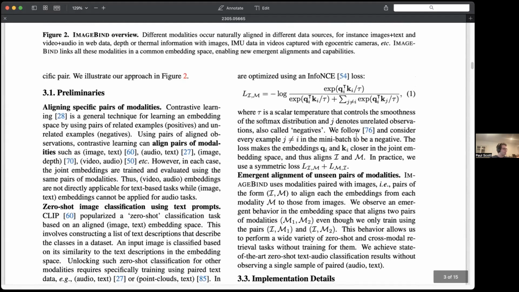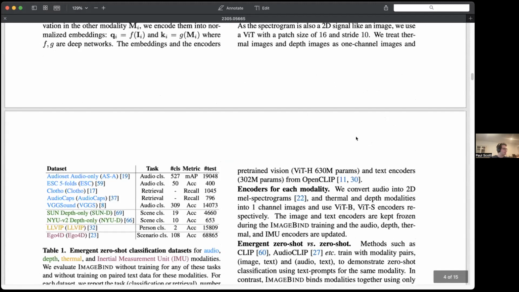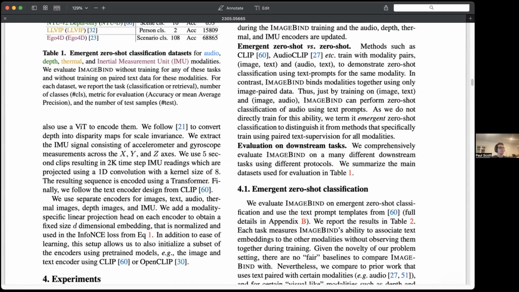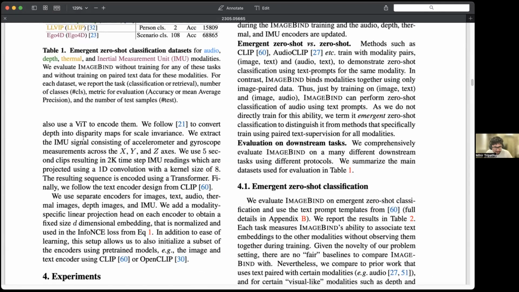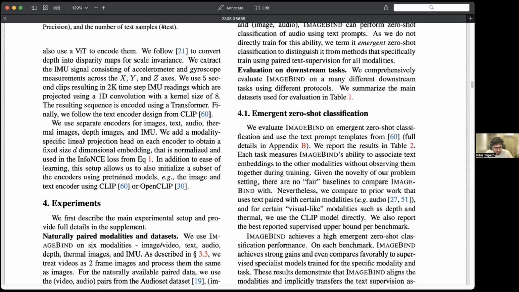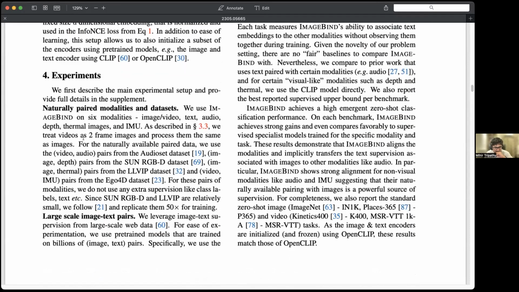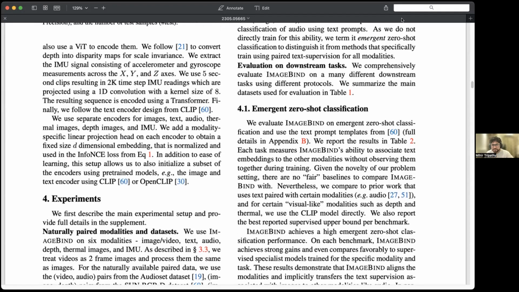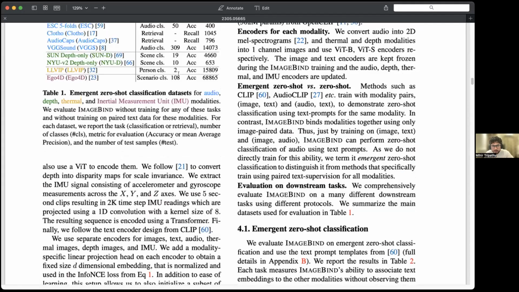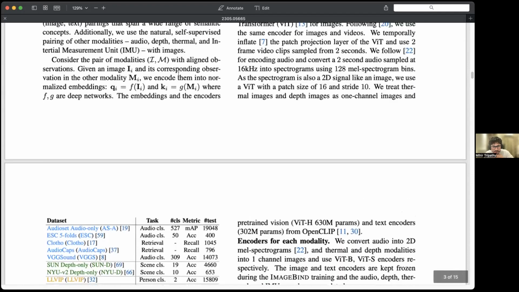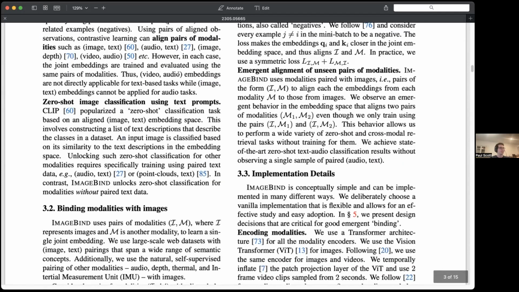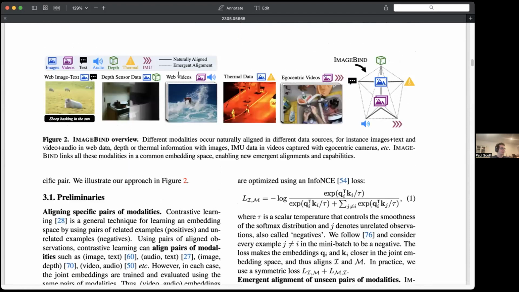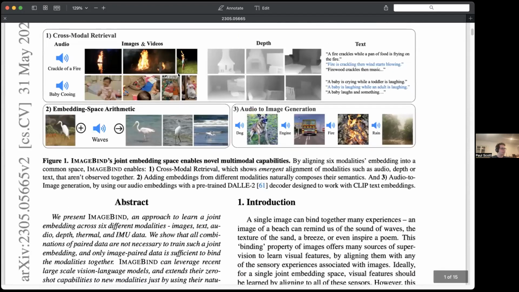It says ImageBind outperforms prior methods on zero-shot retrieval. Maybe that's the one. No, they explicitly mention that we have achieved state of the art. Oh, well. Figure 1 says audio to text, audio to image generation using a pre-trained DALL-E 2.